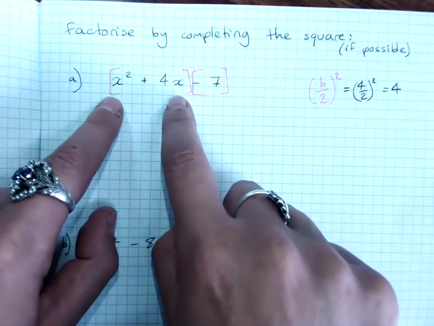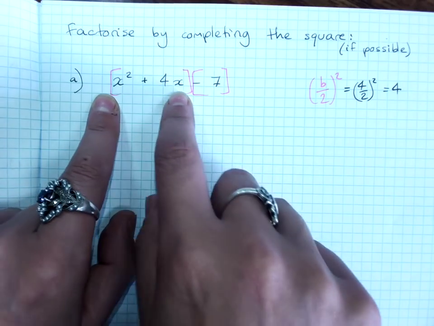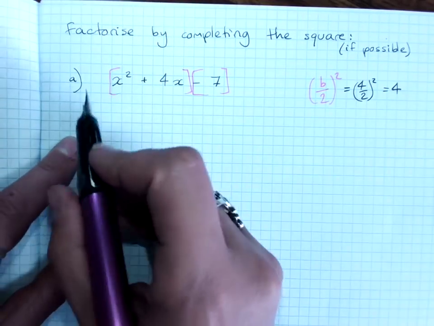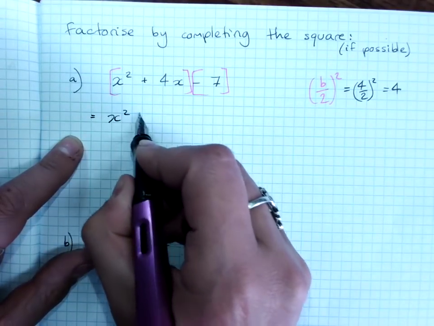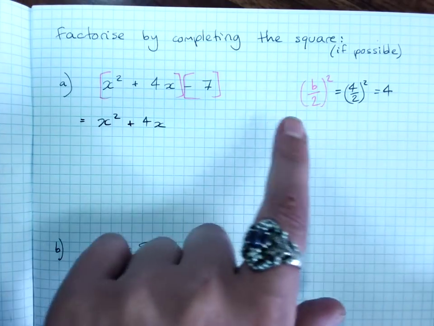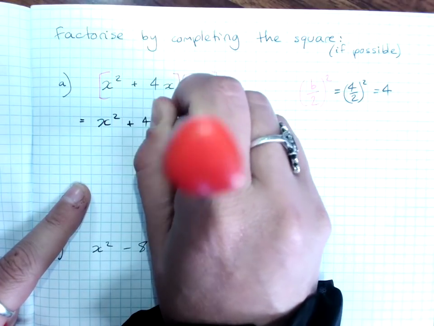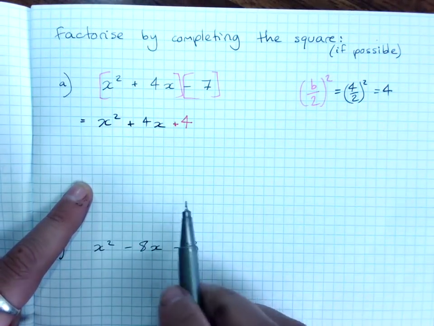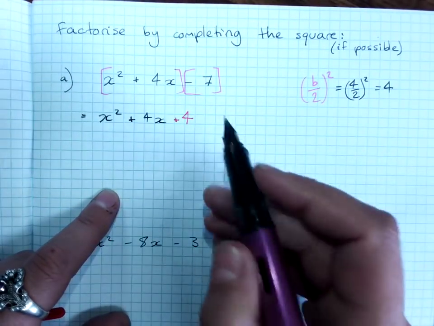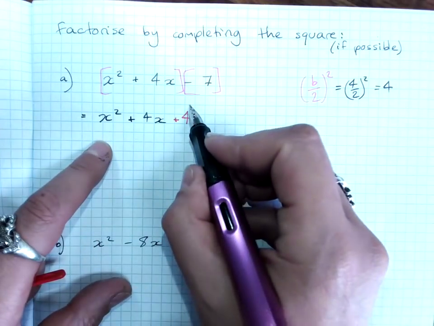You've got to have this little bit here, the ax squared plus bx, and I'm going to complete that as a perfect square. So, like this, x squared plus 4x. I know I've got to put plus 4 to complete that square, and I've put that in that bracket here.